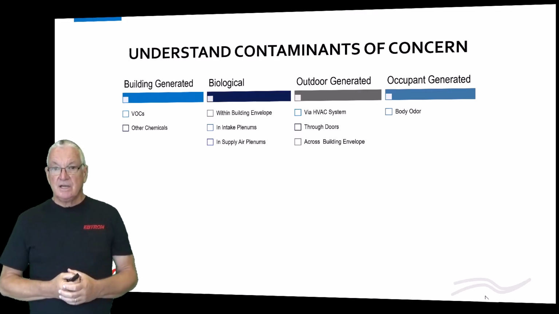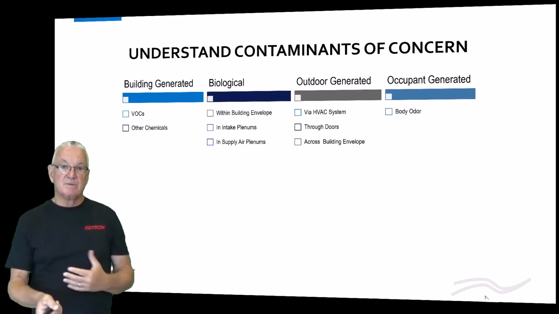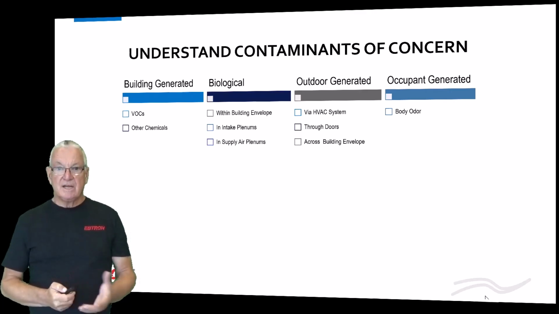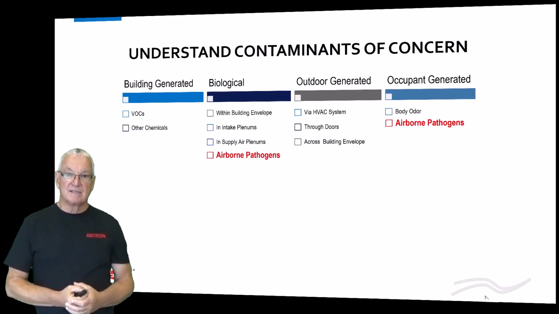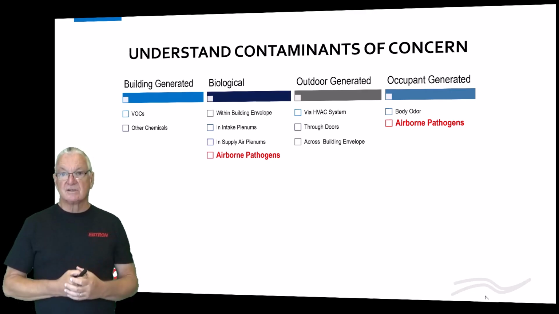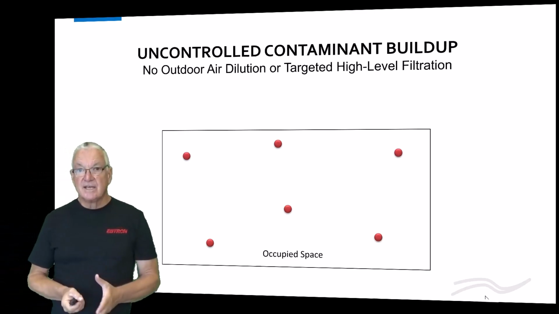And of course, we're in occupied spaces, so occupant generated has typically been body odor. Now, 2020 kind of changed that a bit, and now we have to start to consider airborne pathogens. COVID really did change things, where typically we were only dealing with this in healthcare facilities.